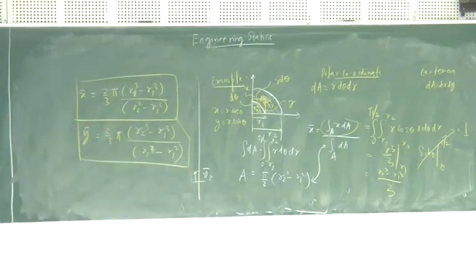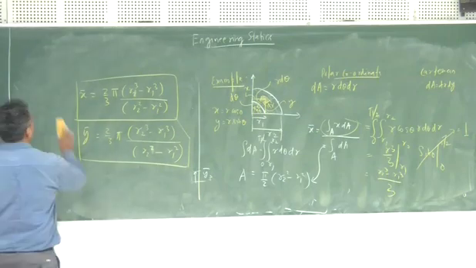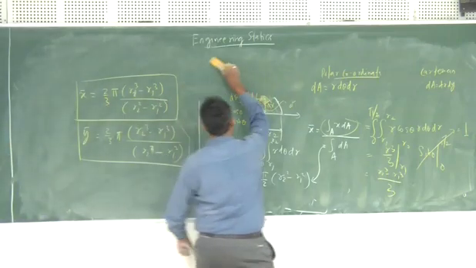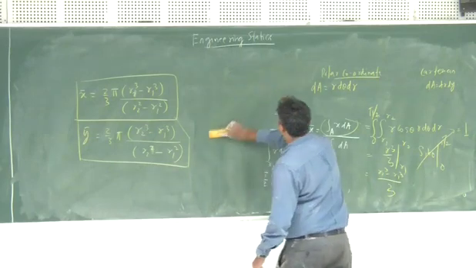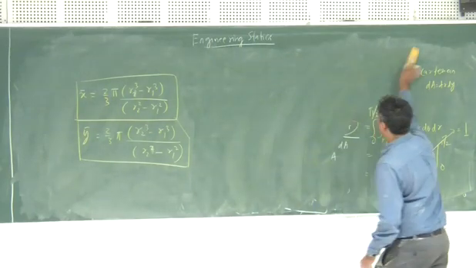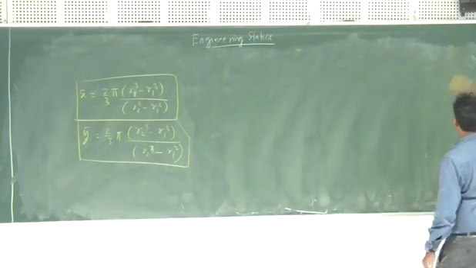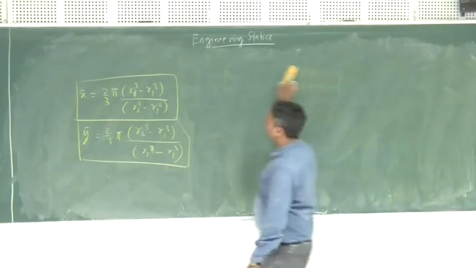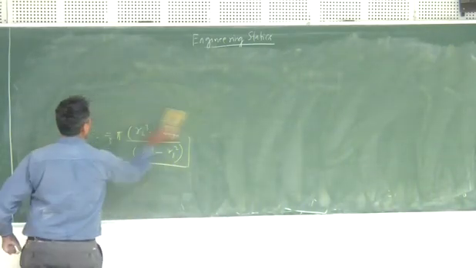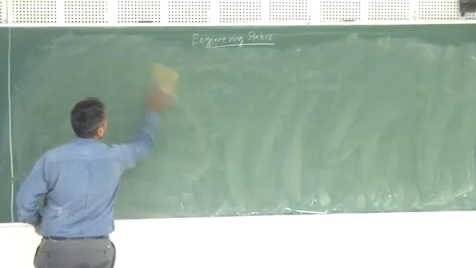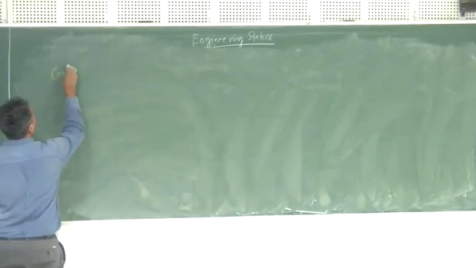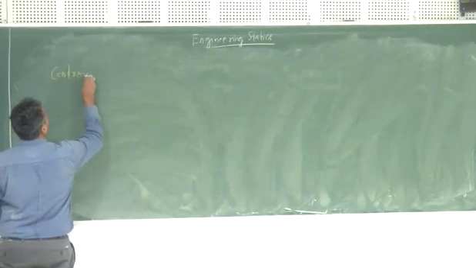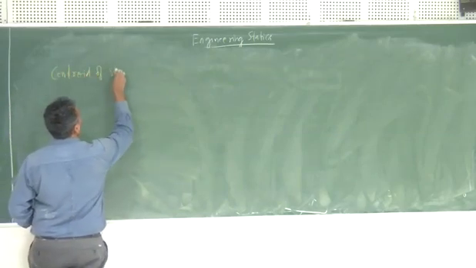Now what remains is the centroid of volume. Let's try to discuss the centroid of volume.